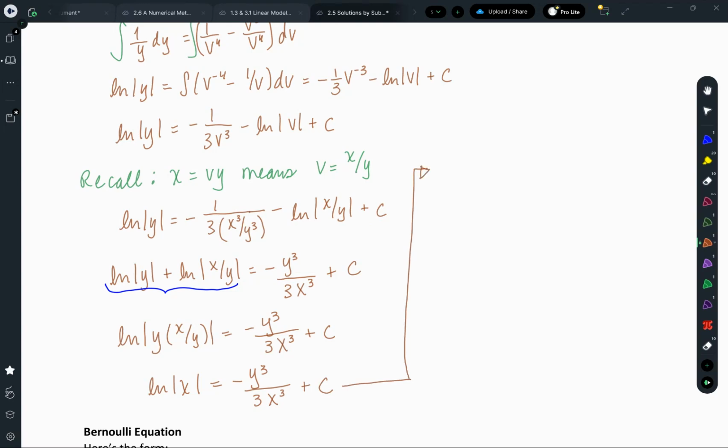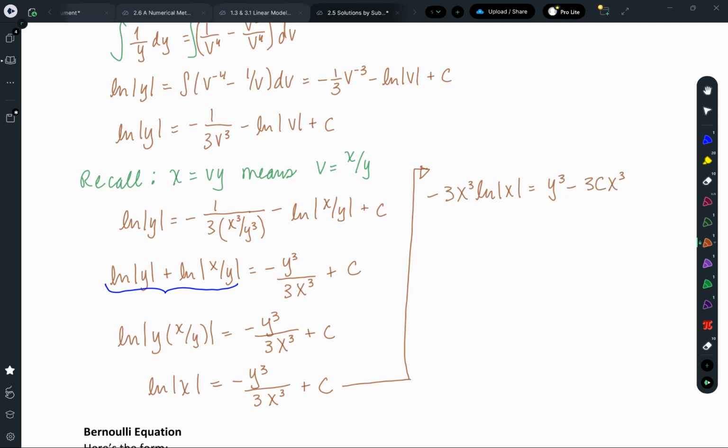Again, I want that y cubed alone. So I'm going to multiply both sides by a negative 3x cubed. And what ends up happening is negative 3x cubed natural log of the absolute value of x is equal to y cubed minus 3cx cubed.